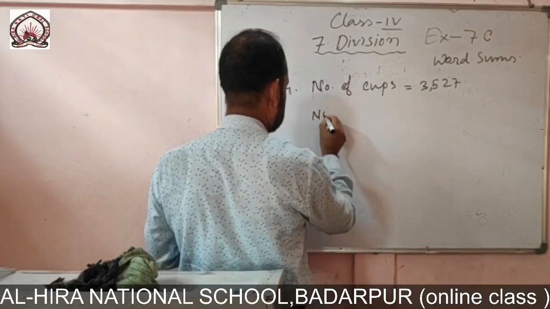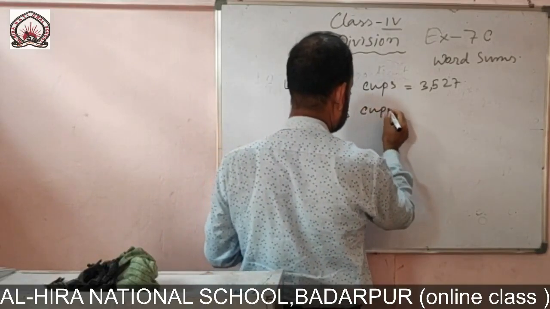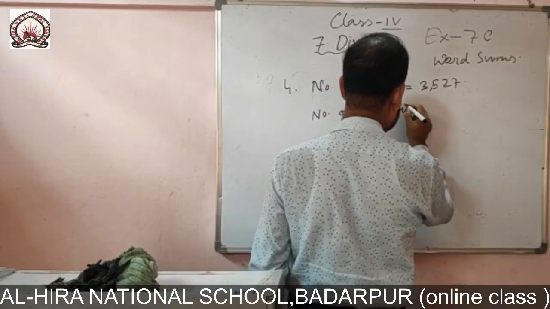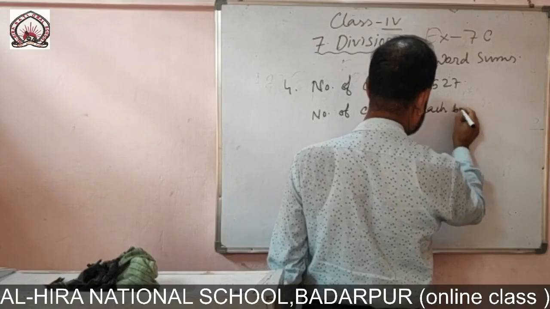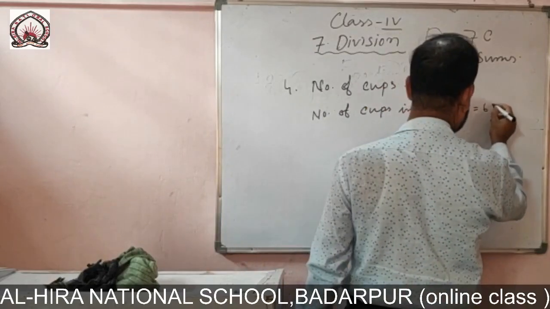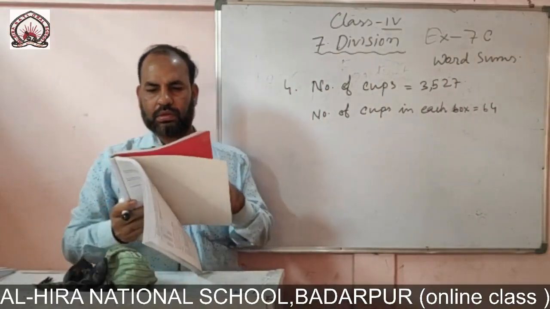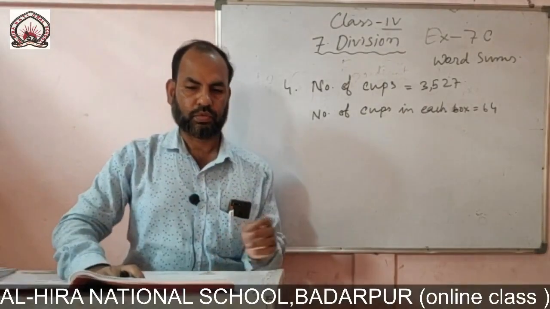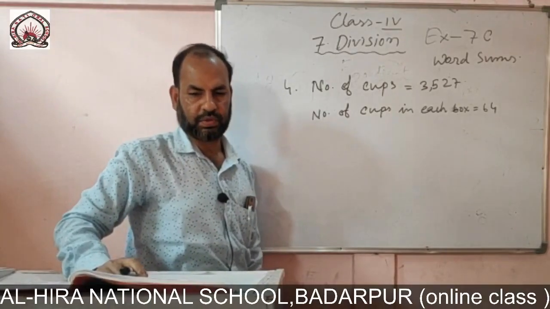Number of cups in each box is equal to 64. So we take out how many boxes were used and how many cups were left over.